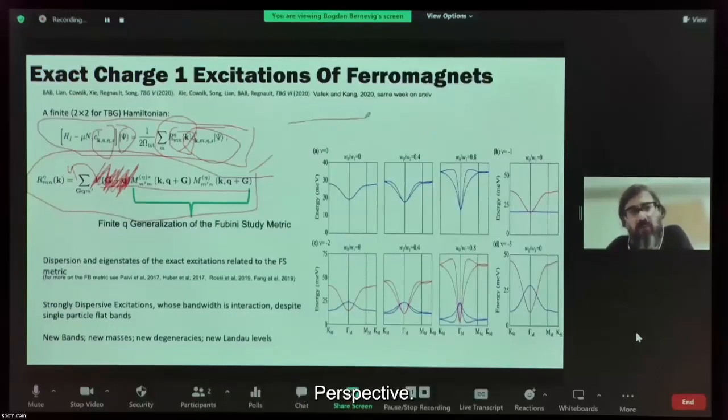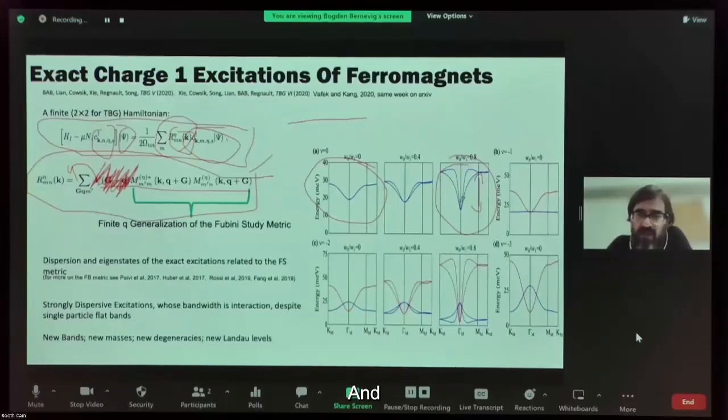So remember, in the uniform pairing condition, the charge 1 spectrum is flat. But here, the charge 1 spectrum gets a bandwidth, and this bandwidth is basically the Hubbard U in my heavy fermion description.